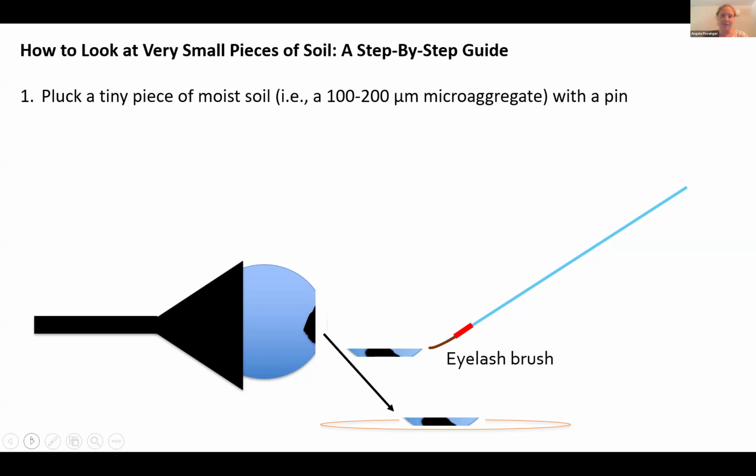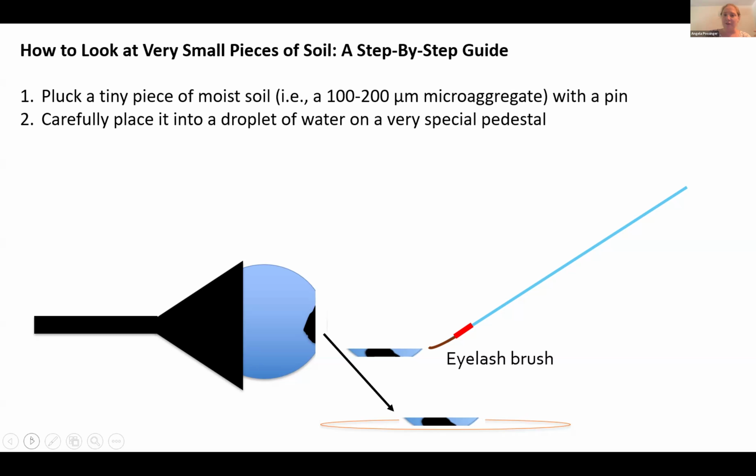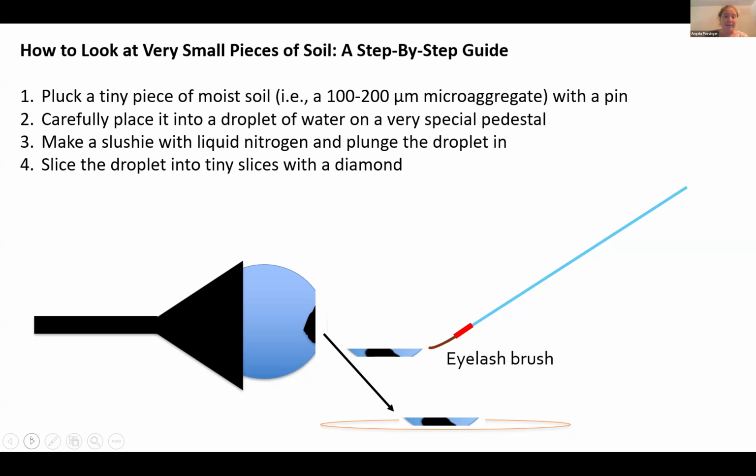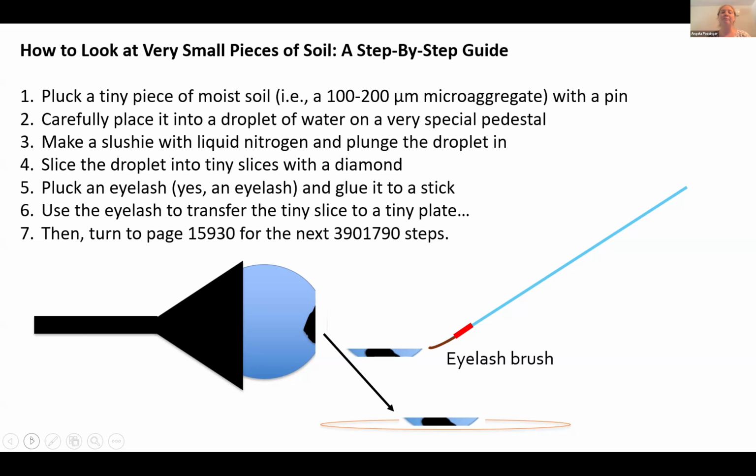So taking a tiny piece of soil with a pin, putting it in water on a super special pedestal, nothing else will do, making a slushy with liquid nitrogen, plunging it in there, slicing it up with a diamond. My favorite part, plucking an eyelash, yes, our own eyelashes, and making a little eyelash brush, gluing it to a stick, transferring that, and then 1,000 other steps.